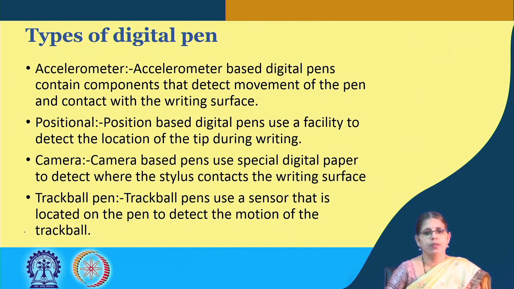So there are different types. One of them is an accelerometer. It contains the components which are involved with respect to the direct movement of the pen and the contact with the writing surface. Now there are other types of digital pen which are with respect to positional developments in relation to positional aspects.